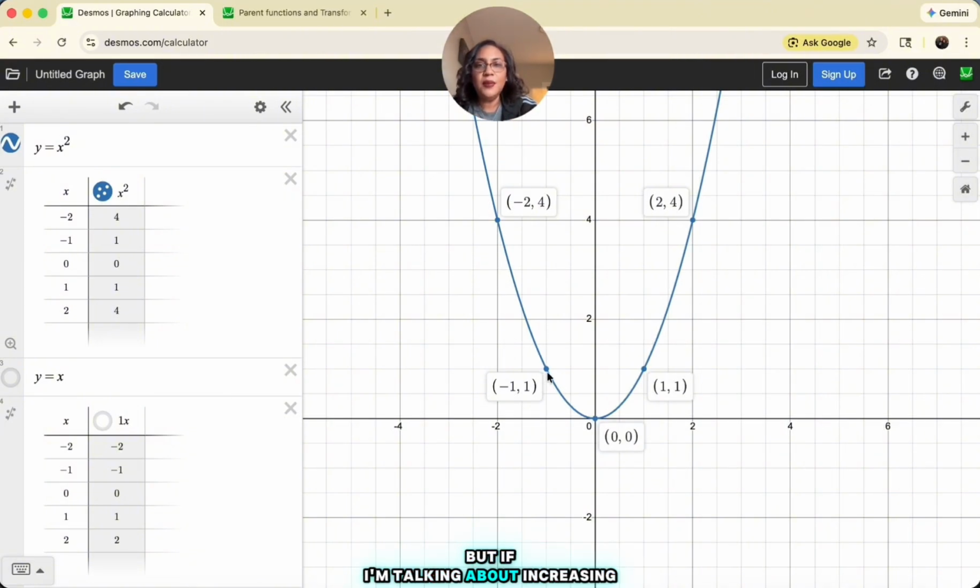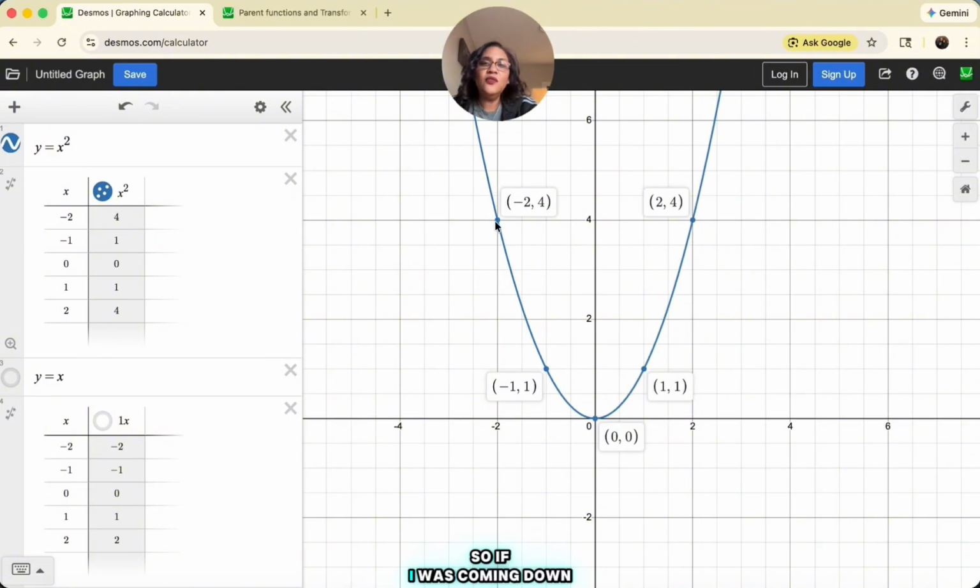But if I'm talking about increasing and decreasing, what is happening as I move from left to right? Well, I'm going down a slope. So pretend it's like skiing, I think it's snowboarding, or skateboarding. That's the one I was thinking of.